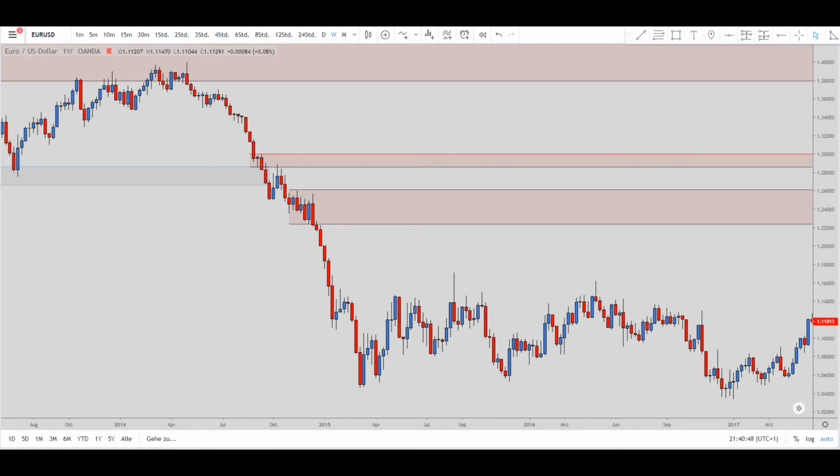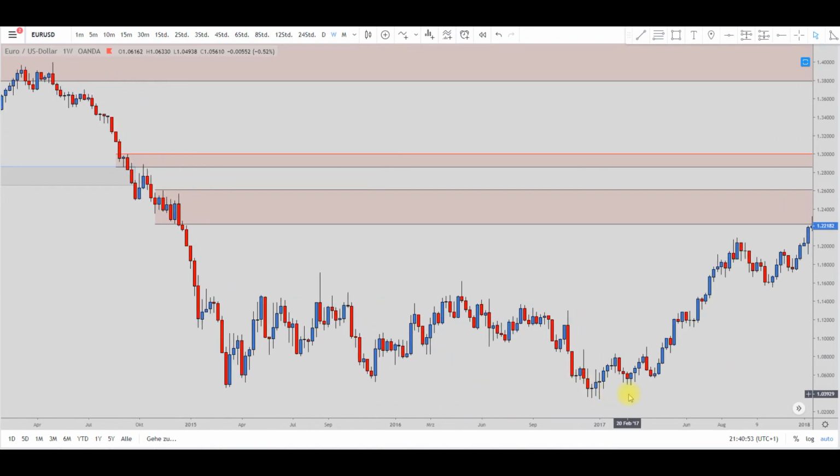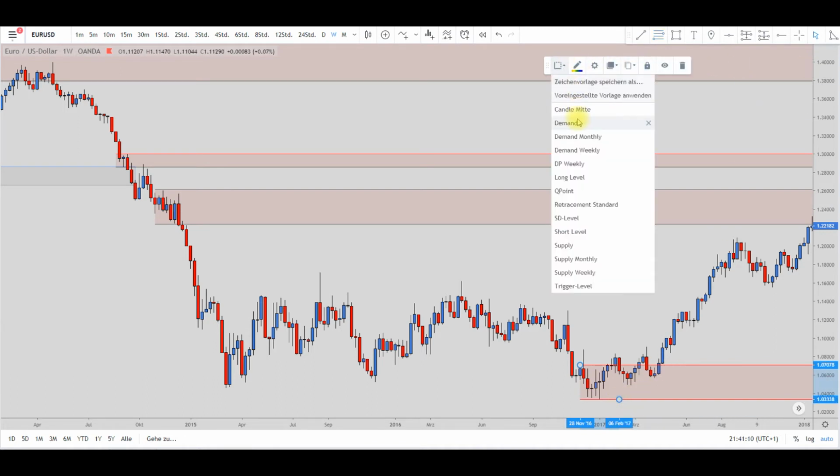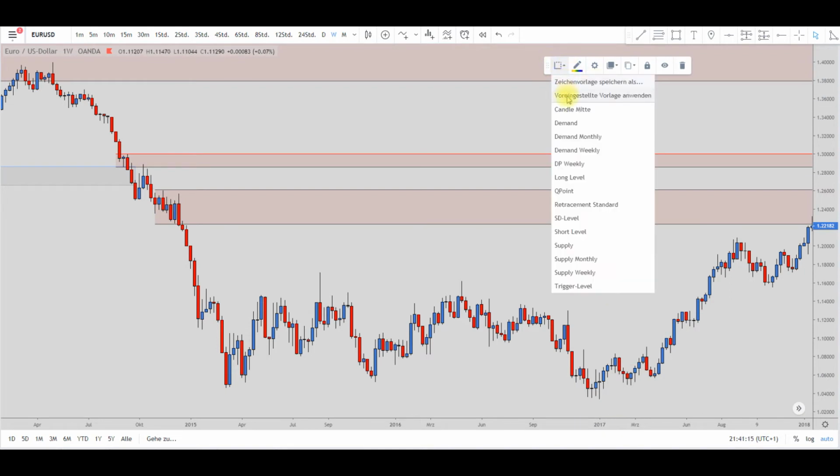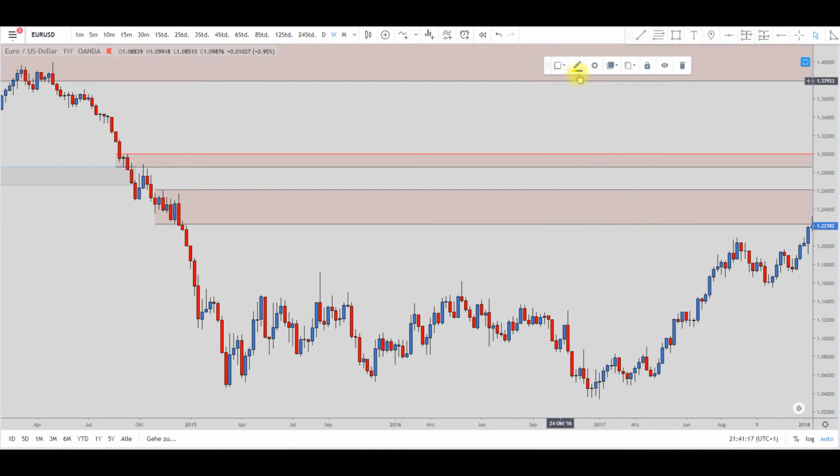Since then went sideways, made another low, came up, finally took out this supply zone, created fresh demand. Oops. Let's do it again.